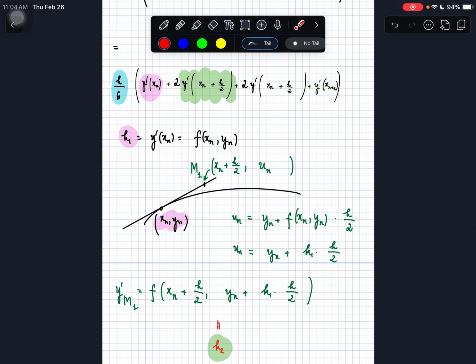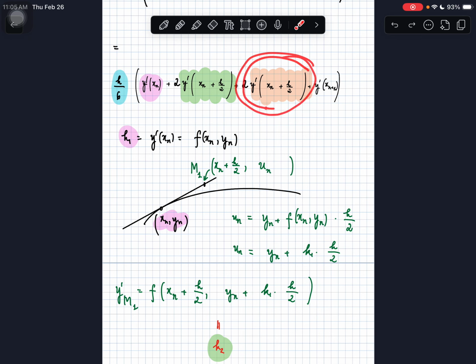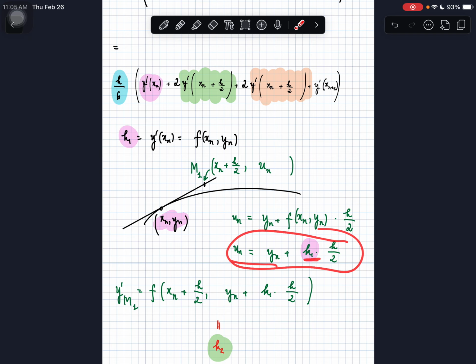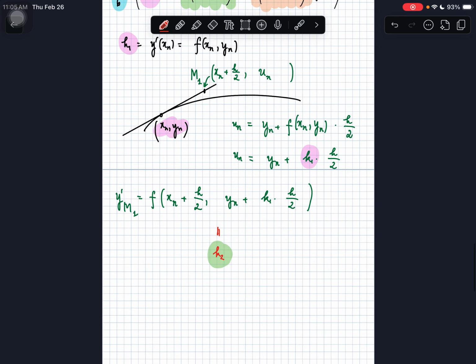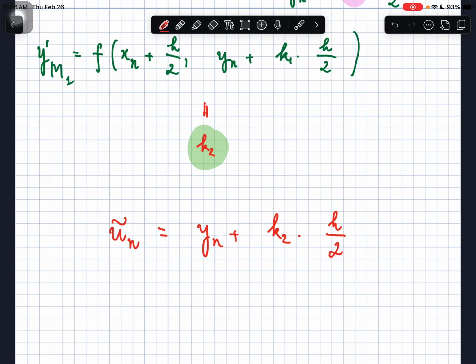Let's look at this term. Now for this point, I want to approximate a bit differently from the previous point. Instead of using k1 as an estimated slope for un, I want to use k2 because we have it now. So we have the point un tilde, which is un plus k2 times h over 2.